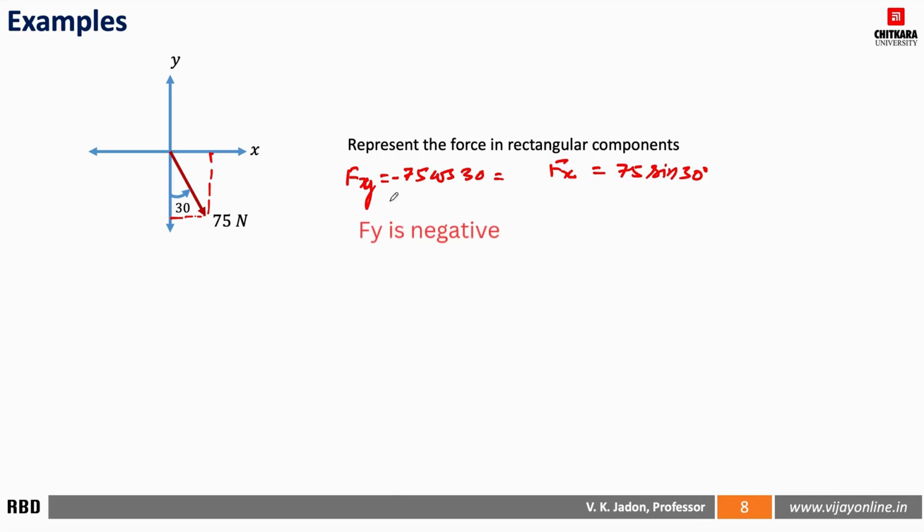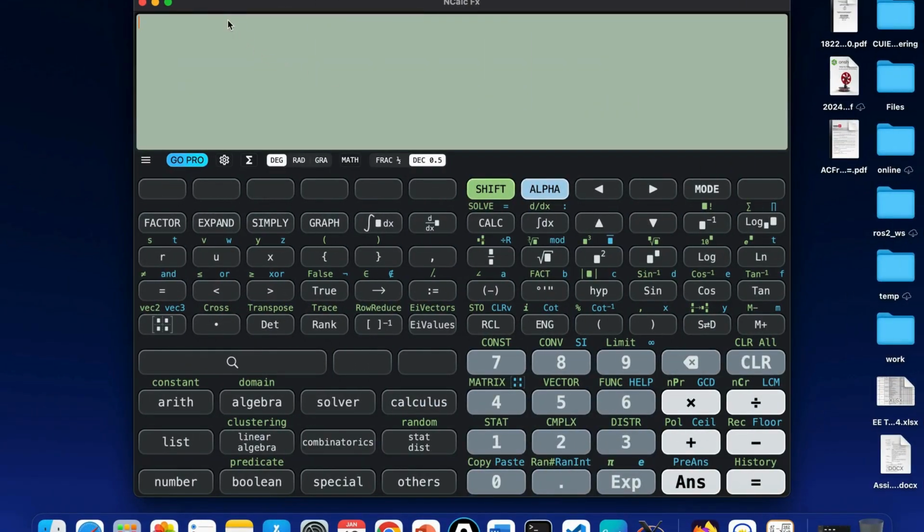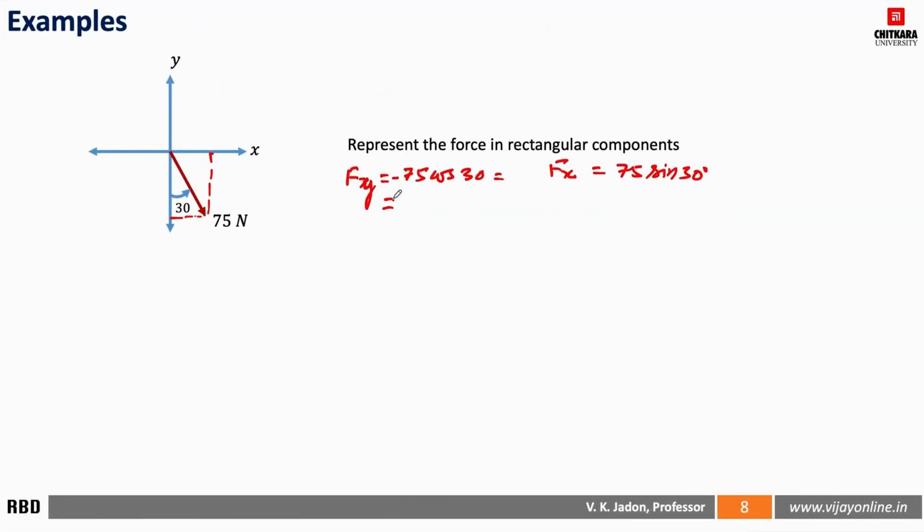So the value of Fy will be 75 into cos 30, that we can write here in the calculator. 75 cos 30 gives 64.9, may be taken as 64.95 in the negative direction.